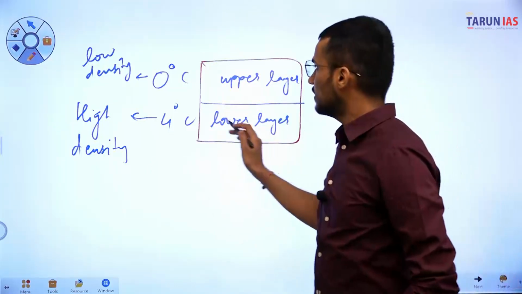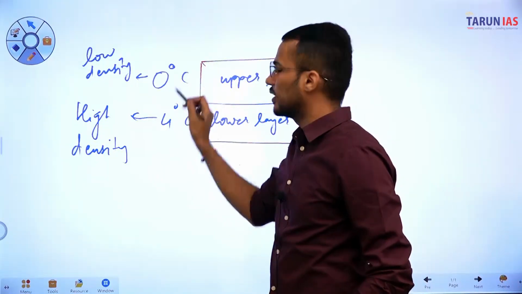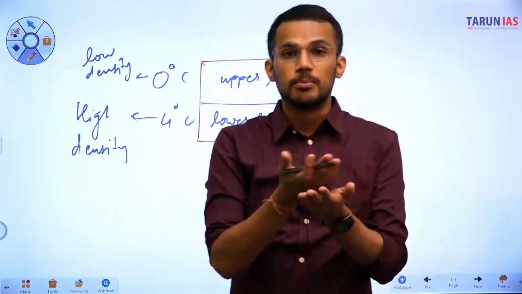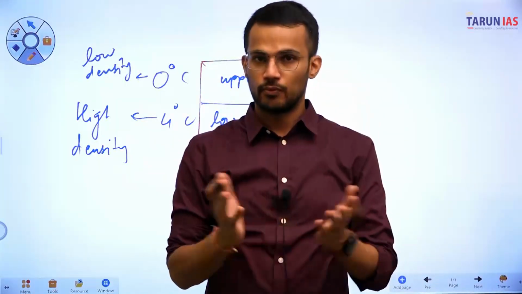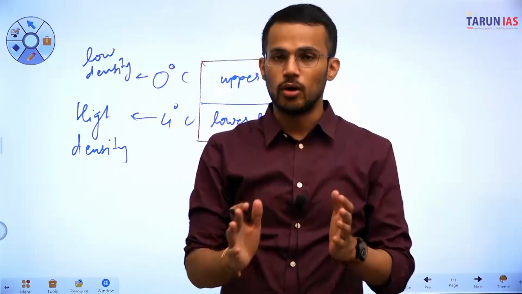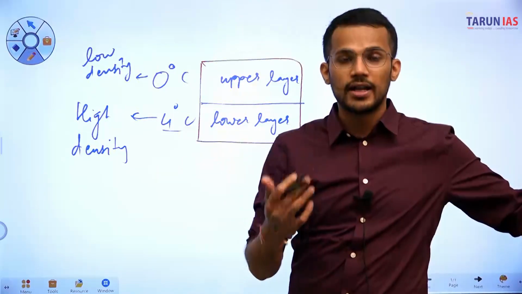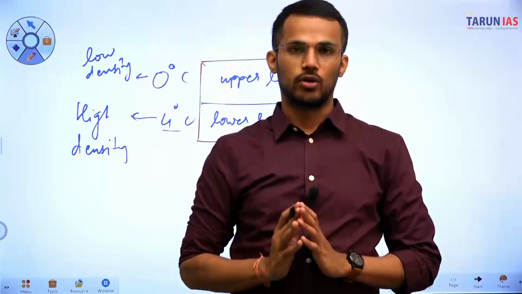Fine. So as this water at 0 degrees Celsius is at low density, it will remain at top, and the water at 4 degrees Celsius, because of its high density, will remain at bottom.